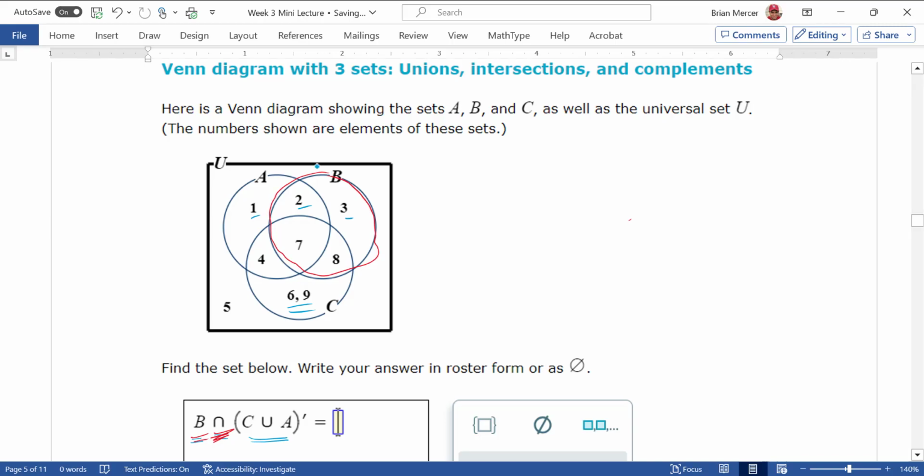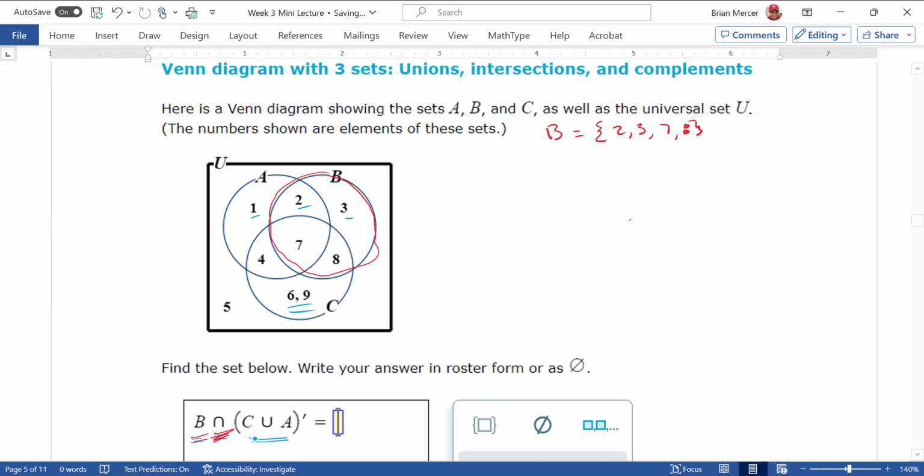So focus on set B first. Set B contains the elements 2, 3, 7, and 8. Sometimes it's helpful to write that down just so you know. Maybe that will come in handy later.